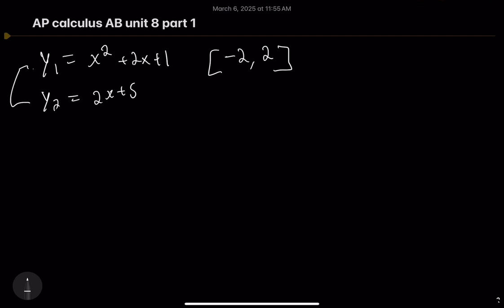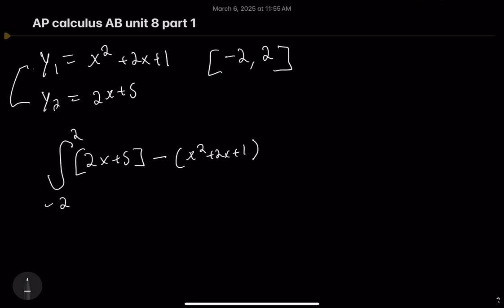Okay, so now that we found the 2 points, we will now set up the integral. So you will have the integral from negative 2 to 2, and you will put in 2x plus 5 minus x squared plus 2x plus 1.